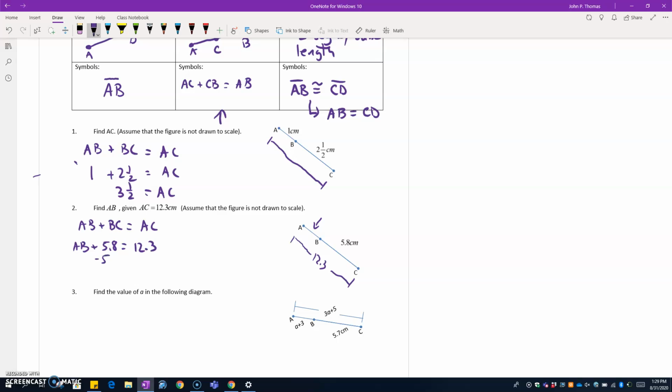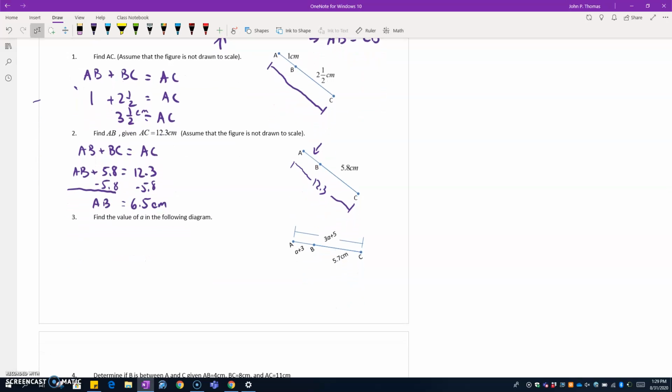If I subtract 5.8 from both sides, that's going to take me down to the length of AB. So 12 minus 5 is 7, and then a little bit below that, so 6.5, I believe, and double check my math on that. Units on this one were centimeters, units on the last one were centimeters as well.